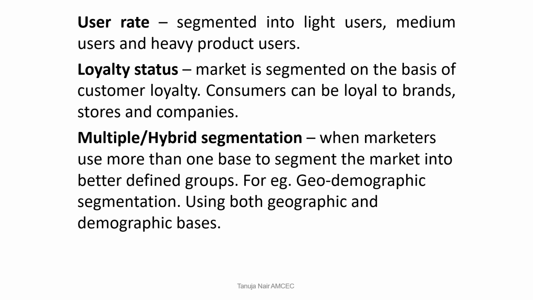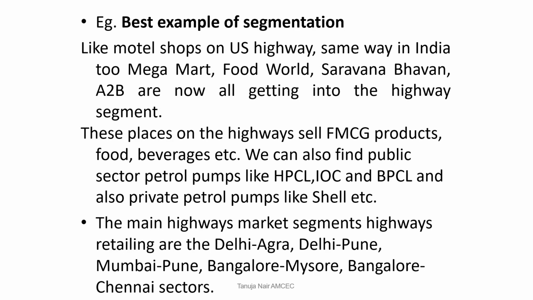That means he may take geographic as well as demographic, both, to segment the market. This is known as multiple or hybrid segmentation. So he gets a better defined group of targeted customers by using hybrid segmentation.